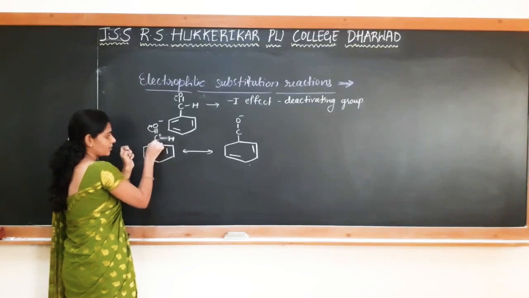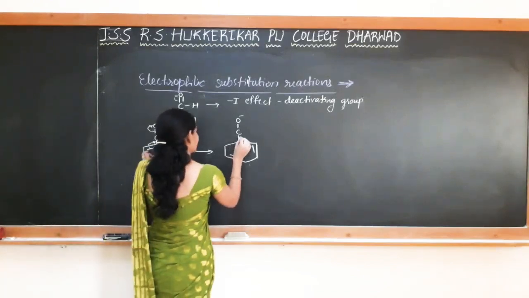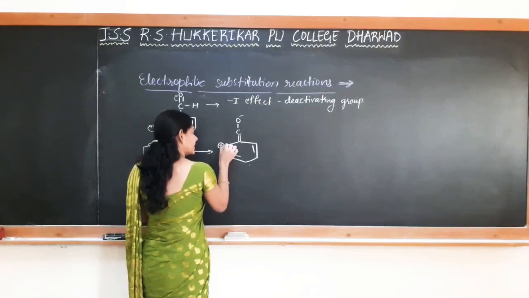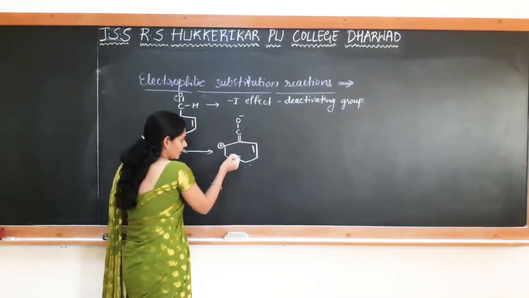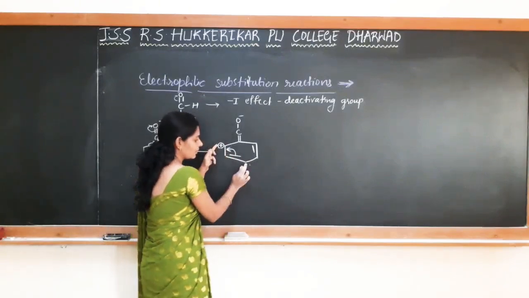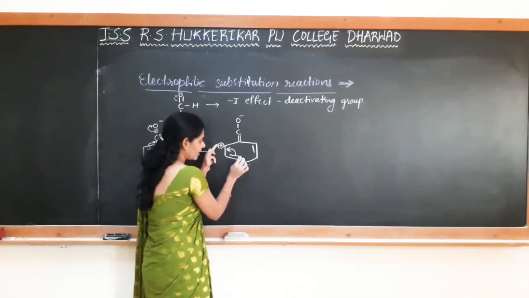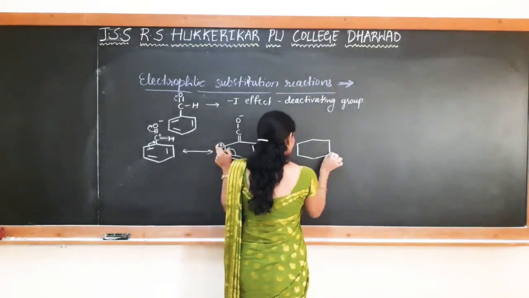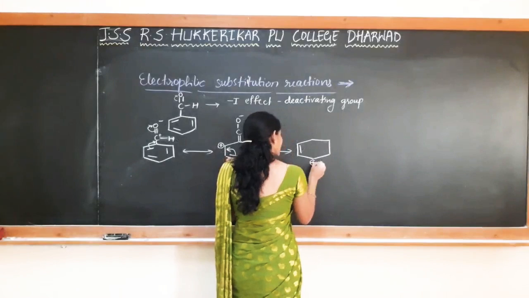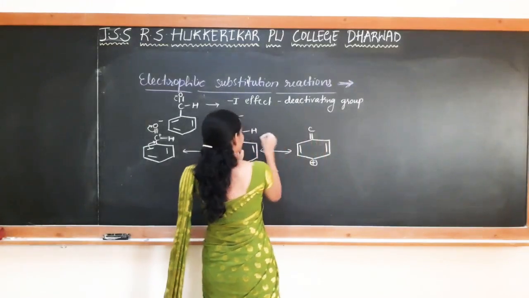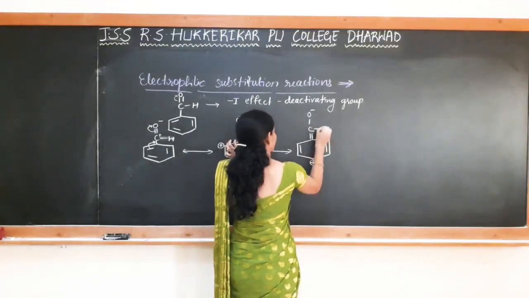The electrons shift here, and a positive charge or deficiency is created at the ortho position. Now electrons from the next bond shift, and the positive charge comes on the para position. So we write the next structure with the plus charge here and the remaining things as they are, with CO minus and hydrogen.